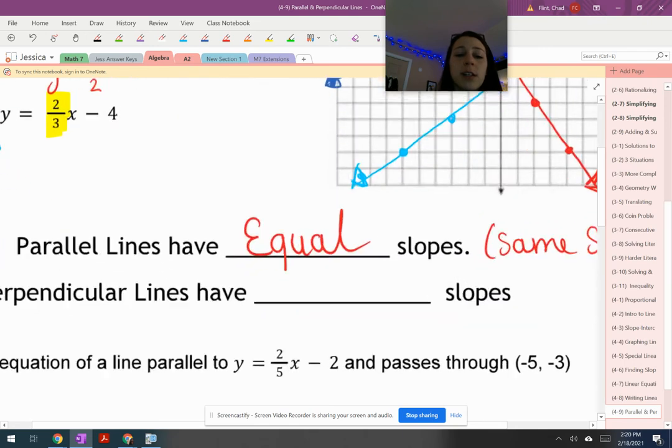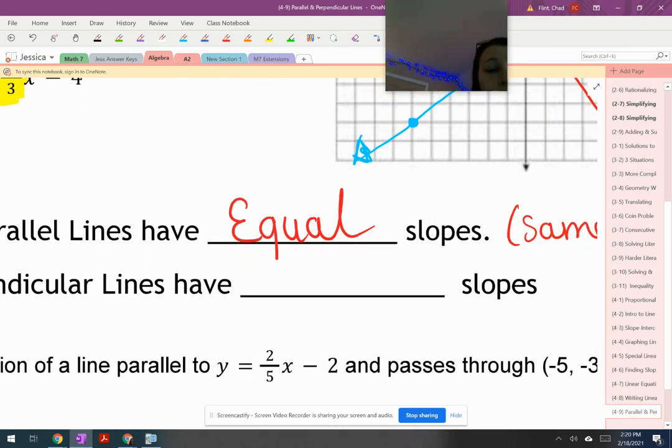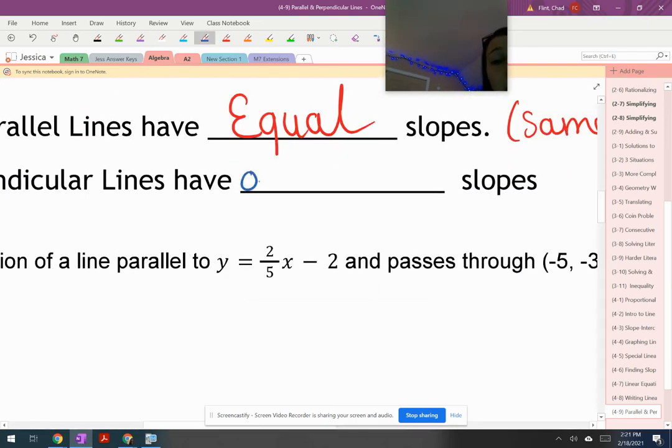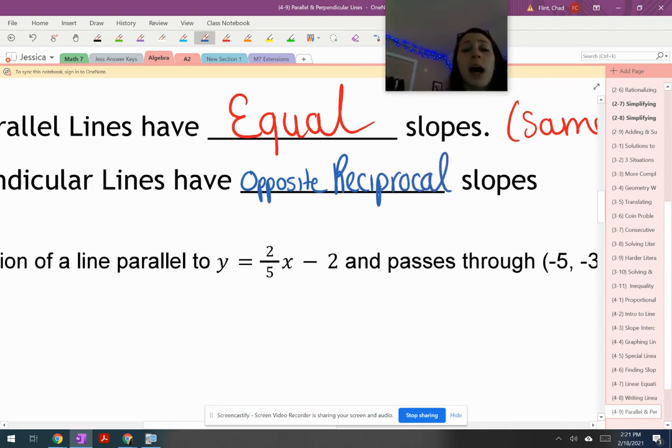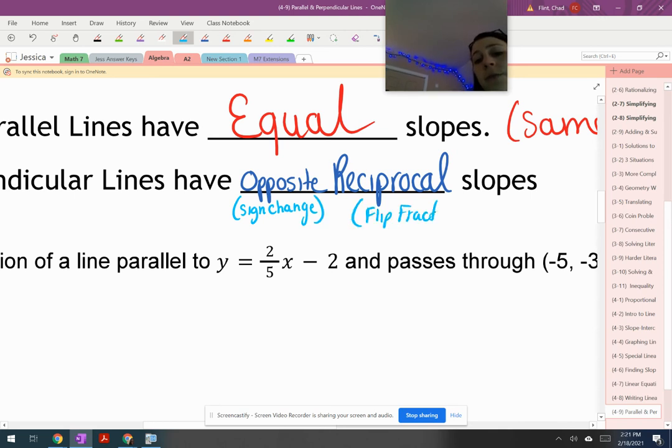And this is what we call perpendicular lines have opposite reciprocal slopes. Opposite meaning the sign changes. Reciprocal meaning that you flip your fraction.